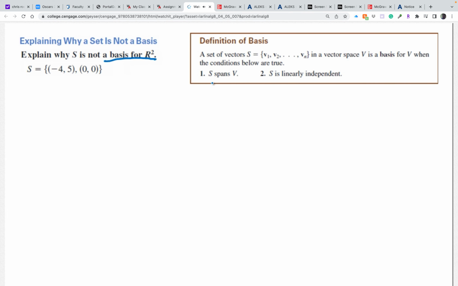In order for S to be a basis for R2, it must span that vector space R2, and S also has to be linearly independent. So if S is going to span R2, does S span R2?